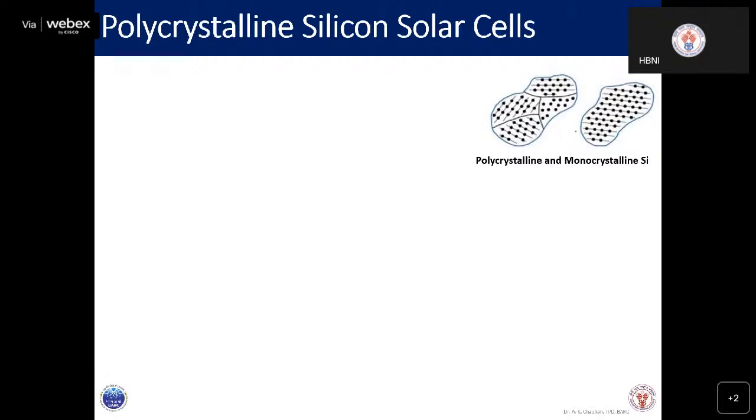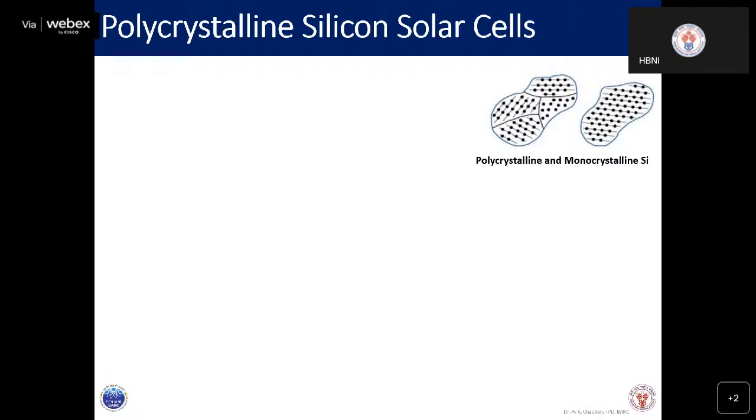Monocrystalline is where, throughout the entire material, it is a single crystal. However, in polycrystalline, there are several small crystallites. Within a grain they are single crystals, but over the entire substance there are several, or thousands, or sometimes millions of grains with different orientations.